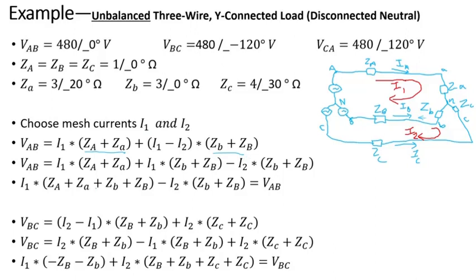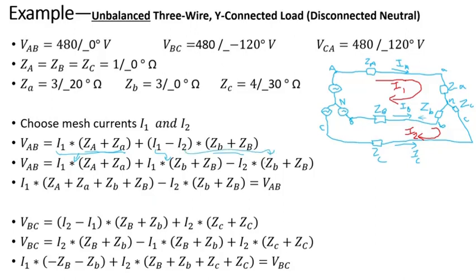Then I rearrange to factorize I1 and I2, just doing some algebra here. This term is the same here. Then I1 times ZB plus zb, that's what you see here, minus I2 times ZB plus zb is here.